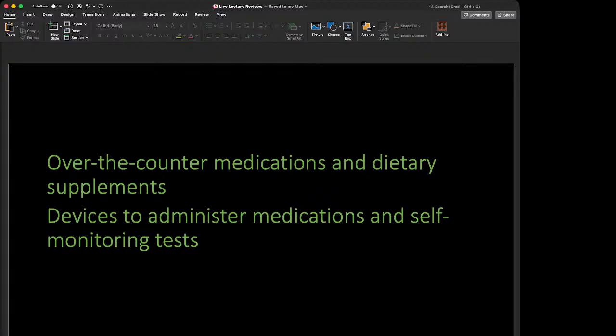I'm also going to go over a little bit about the devices to administer medications and self-monitoring tests. Specifically, one of the ones I'm going to discuss in this presentation is the inhalers that would be typically used for breathing. So we'll take a look at that.